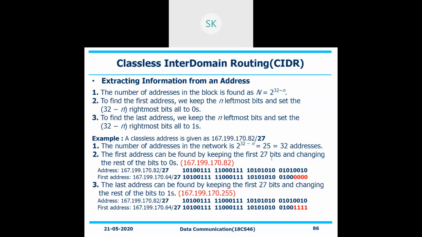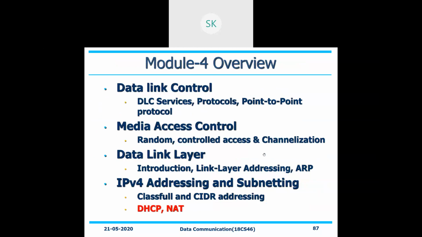Say for example 0 to 127, all the 8 bits you need to use for the network ID, and the remaining you use for addresses. But a lot of addresses are there. If we have remaining addresses, it will be just a wastage. So to overcome that, we need to go with the classless interdomain routing principle.